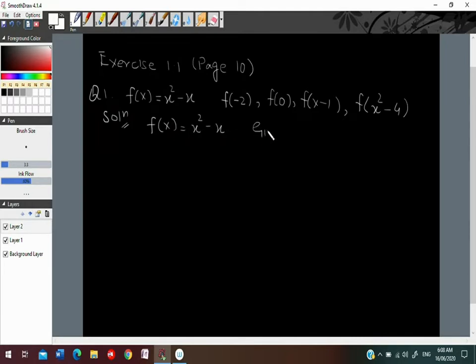This is the given function, and we have to find the value of f of minus 2. So what we do? We just replace x by minus 2 in our equation number 1.